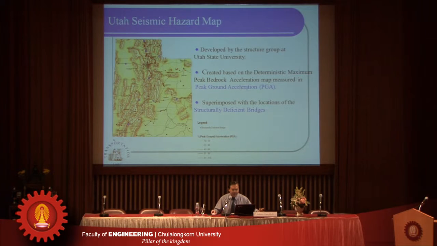Basically, this is based on what they call the peak bedrock acceleration map, and it is measured in peak ground acceleration, PGA. Out of those 221 deficient bridges, we selected the locations with a high PGA to define as scenarios.